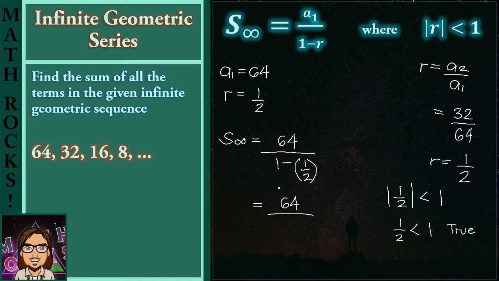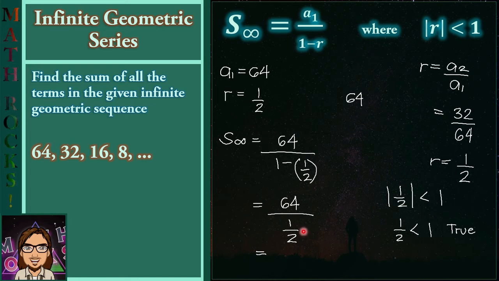So now let us start with the denominator. Here, 1 minus 1 half is 1 half. And applying our knowledge on dividing this kind of numbers, we must first write the numerator as it is, and we multiply the reciprocal of the denominator.